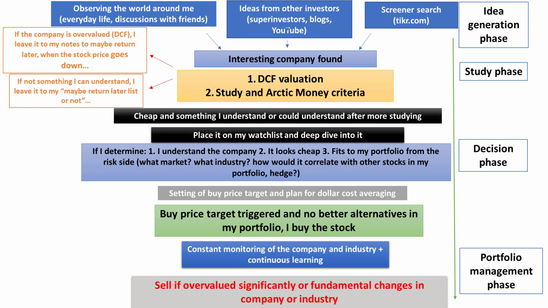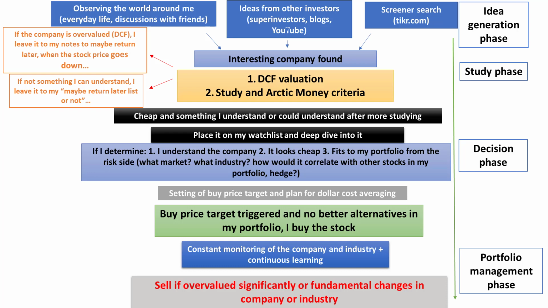So you understand what I mean. If you want to add a new company to your portfolio, it needs to fit there. It can't create too much risk by concentrating too much on one industry or one country, for example. This is the final thing to consider.